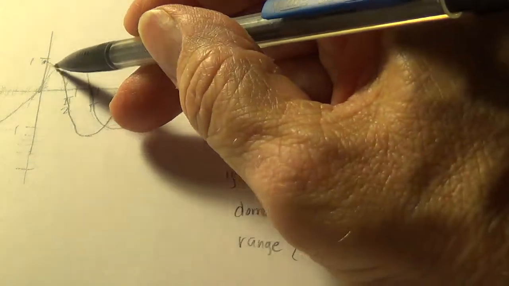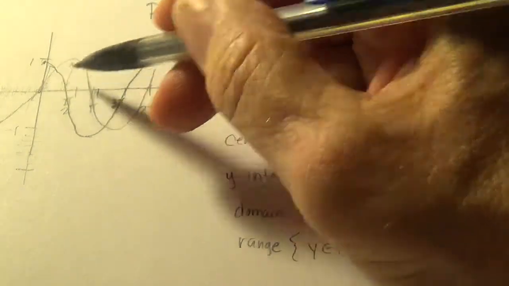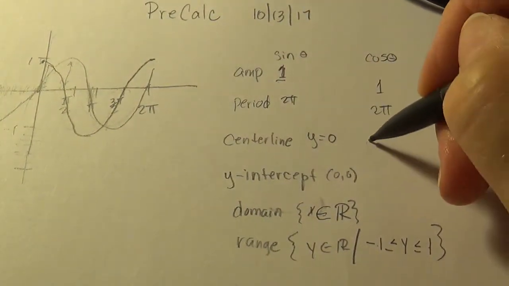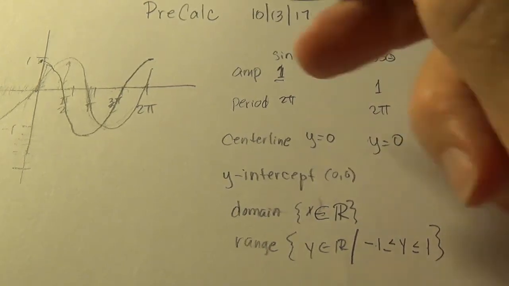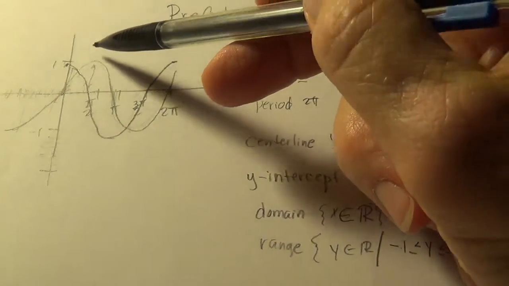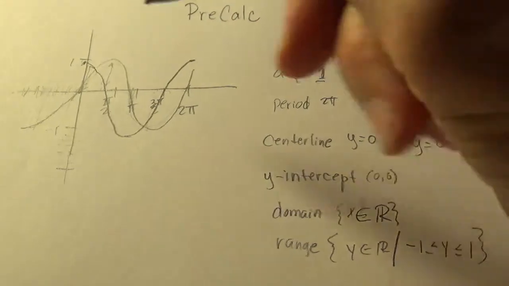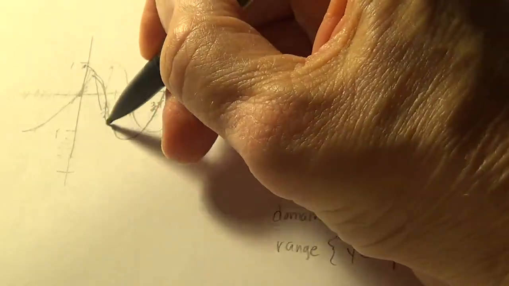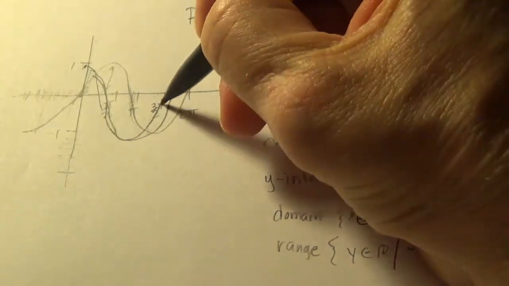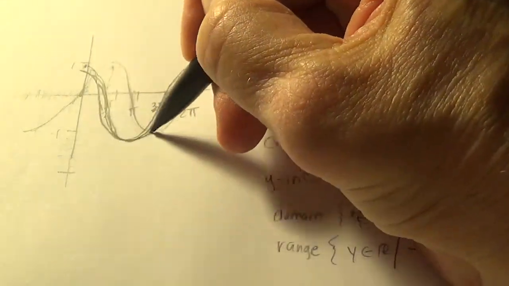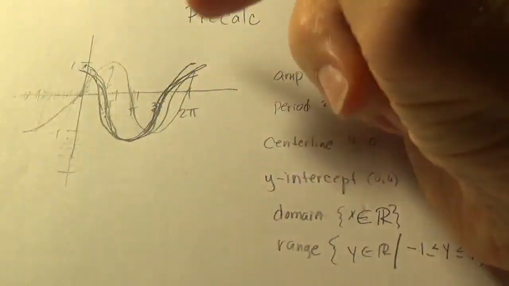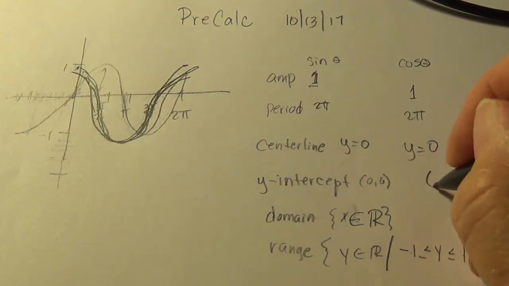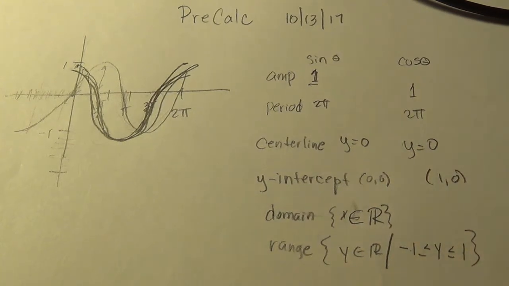The period: when does it start repeating? From 0 to 2 pi, 2 pi again. The center line is the same. The y-intercept is different. Where does the cosine curve, this darker curve, touch the y-axis? Alright, it crosses right here at the point 0, 1, not the origin.